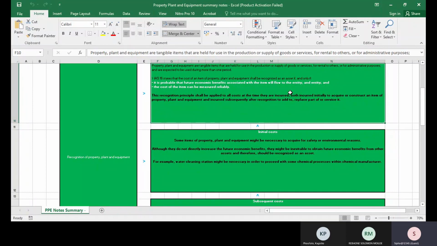In that case, the cost is identifiable from the invoice where you can measure it reliably. In this case, what I said is that you are still building a plant from scratch. Yes, we are building a plant, right? So it's the cost that is incurred in building the plant.